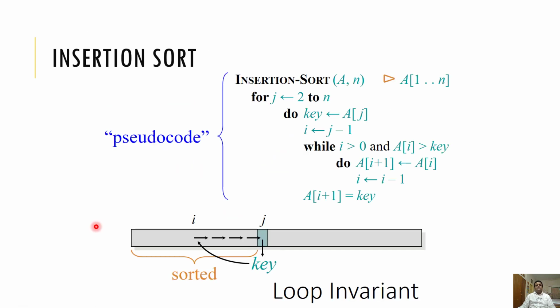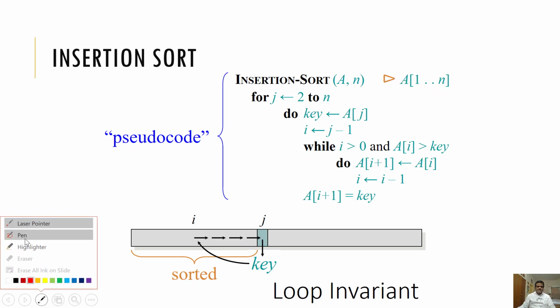So, the first algorithm we will discuss is insertion sort. This is the pseudocode for insertion sort. What is the input in this sorting algorithm? The input is n numbers, typically in an array.